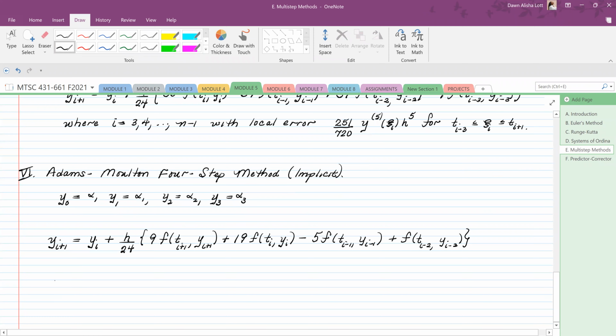And this is where i is equal to 3, 4, up to n minus 1, with local error.